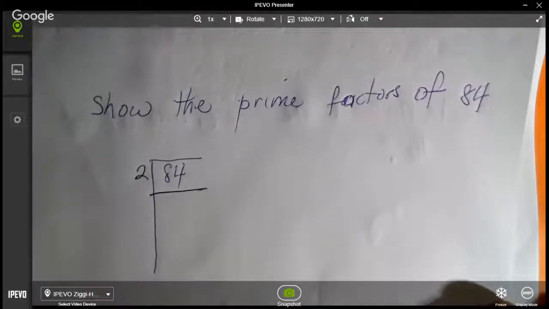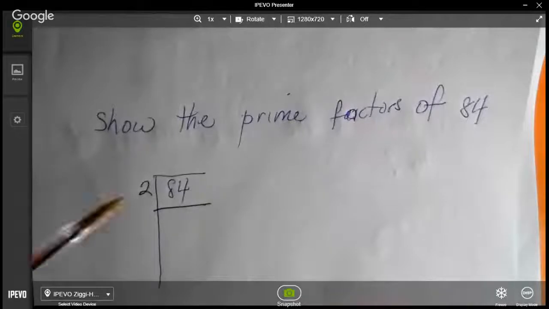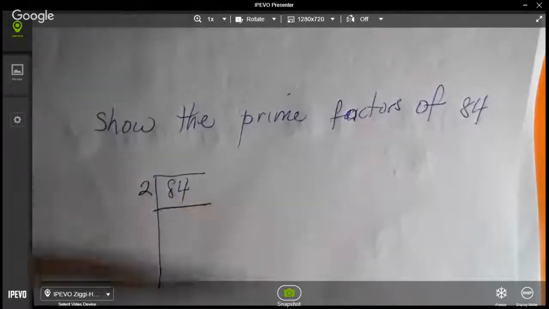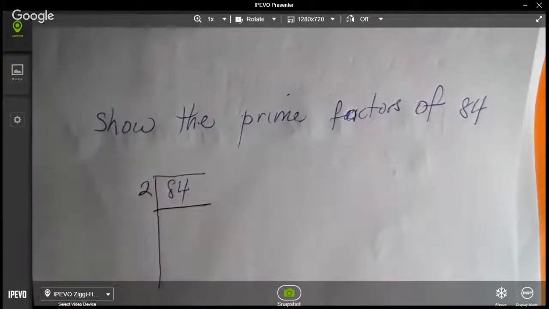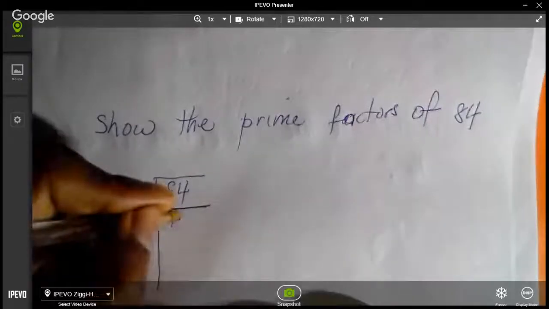Because the ones place is 0, 2, 4, 6, 8. Yes. So in the number 84, 4 is in the ones place. And numbers that are divisible by 2 have 0, 2, 4, 6, or 8 in the ones place. So 2 into 84 would go how many times? 42 times, sir.